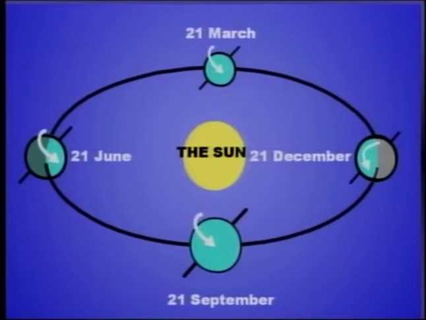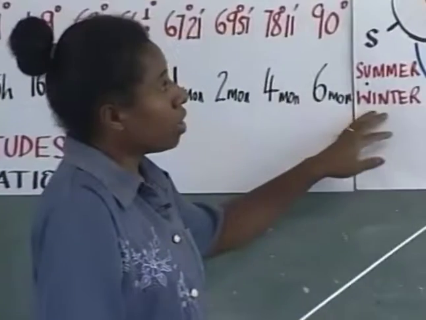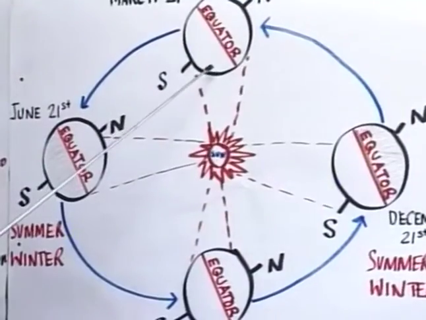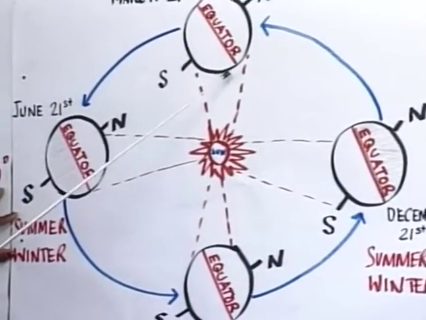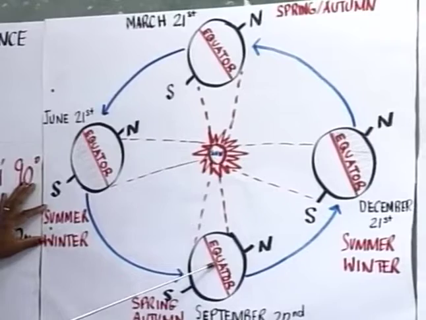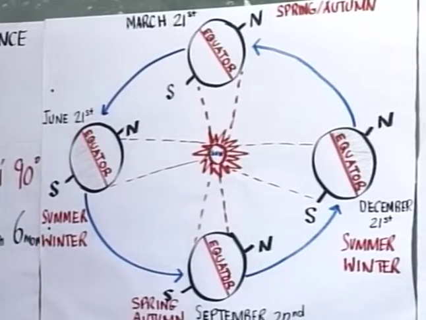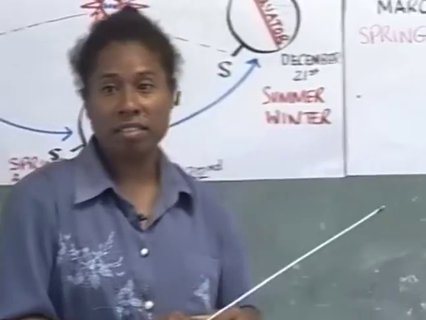So now we come to those two words, solstices and equinox. Where do they come in? These two words are important because when we are looking at the time of the year when the sun is directly above the equator, it is 2 times of the year that the sun is directly above the equator.